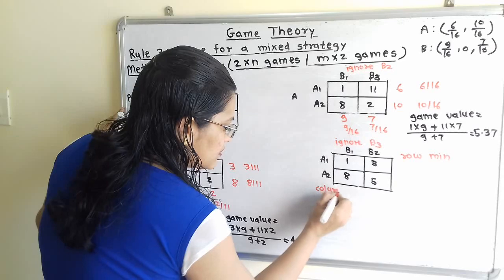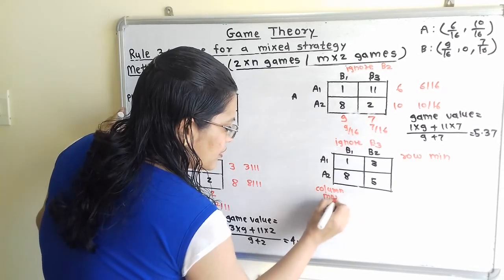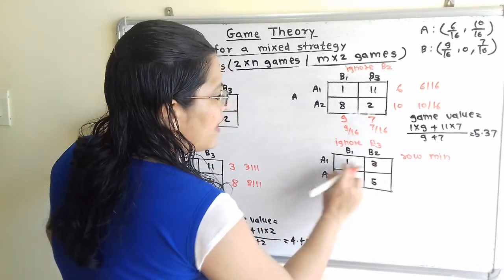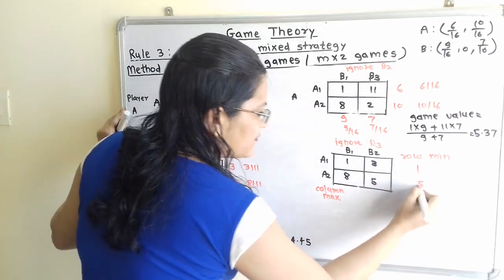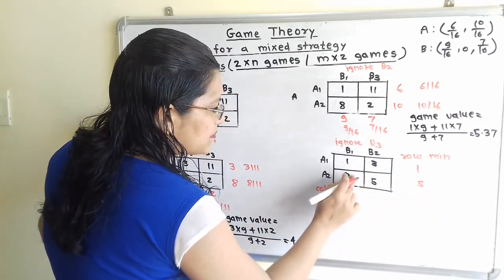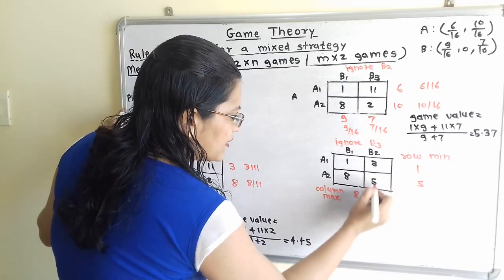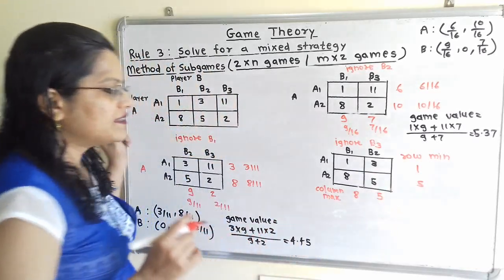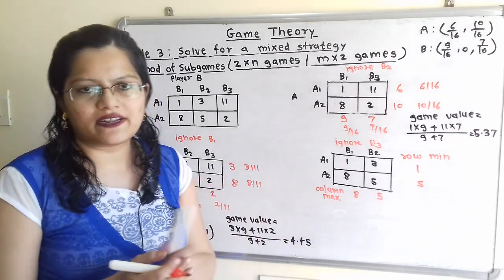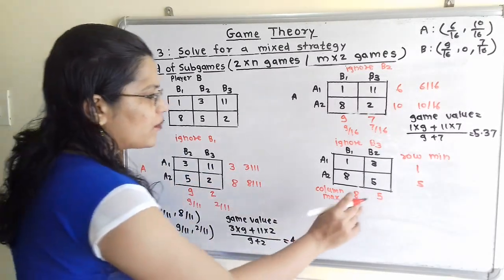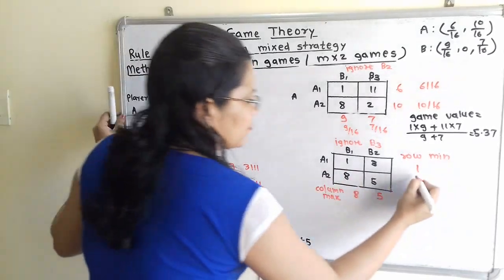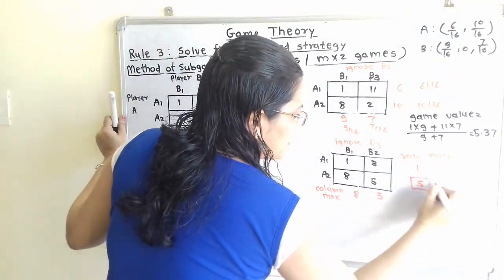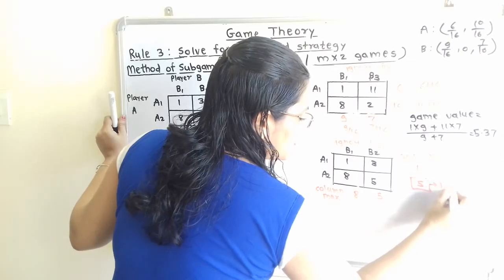The minimum value between 1 and 3 is 1, and between 8 and 5 is 5. And for column maximum, here the value is 8 and here is 5. So we can say that here is the saddle point.